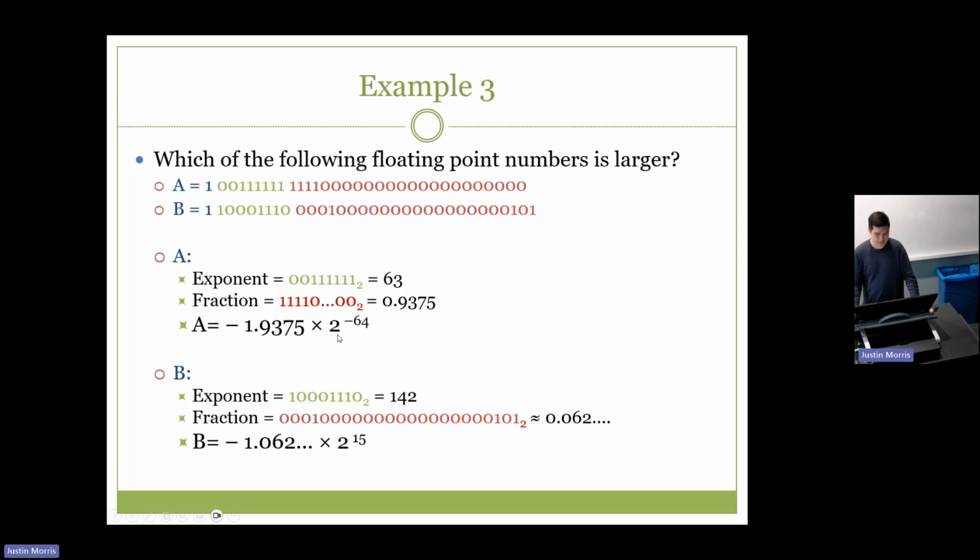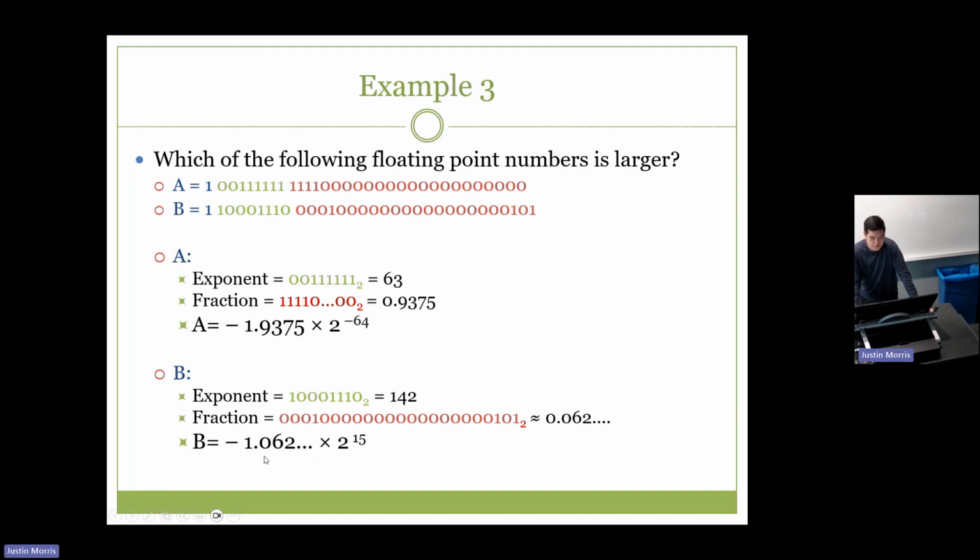And then B, it has a much larger exponent. It's 142. So we subtract 127. We get that its real exponent is 15. So this one is going to be shifted to the right by 15. So this is going to be a really, really large negative number.